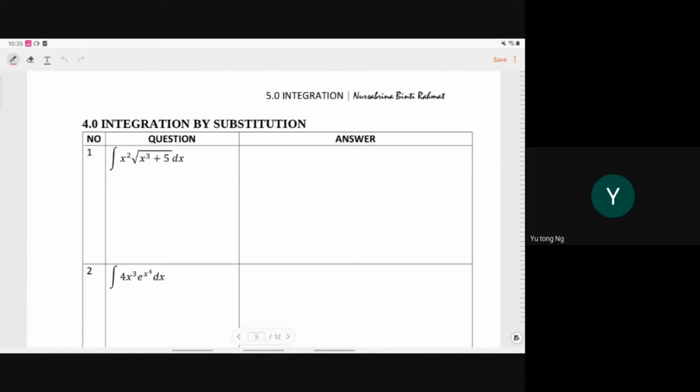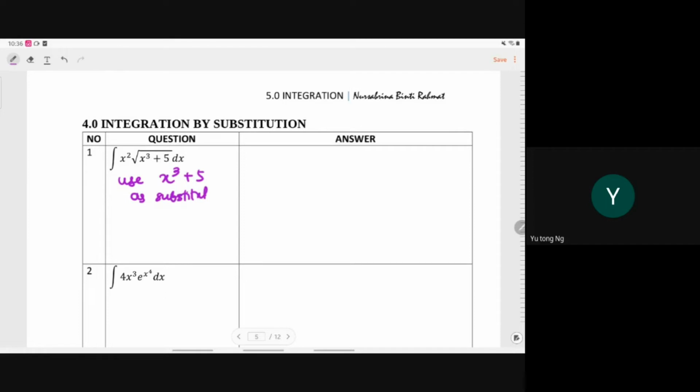Okay, so next part is we're going to learn how to do integration by substitution. Sometimes, if you are lucky enough, they might already tell you which function you need to use as the substitution. For example, in this one, we're going to use x cubed plus 5 as substitute.